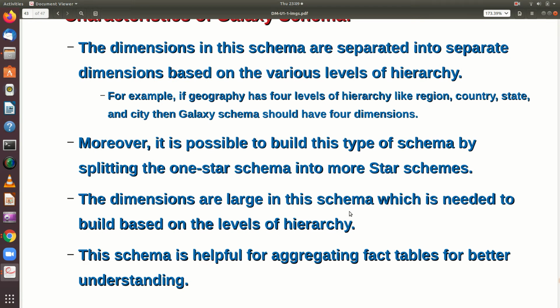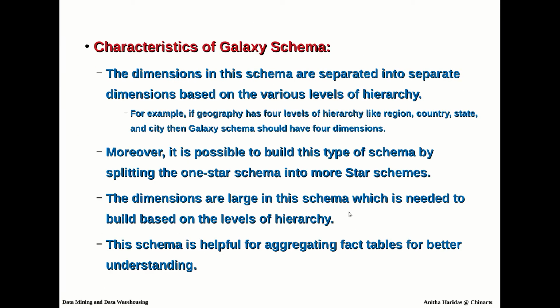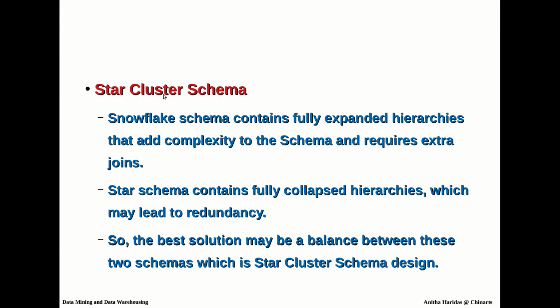Then apart from these 3 schemas, we have another schema called the cluster schema. Because when you take the snowflake schema, it contains fully expanded hierarchies that add complexity to the schema and require extra joins. The dimension table is normalized, so obviously you need extra joins.